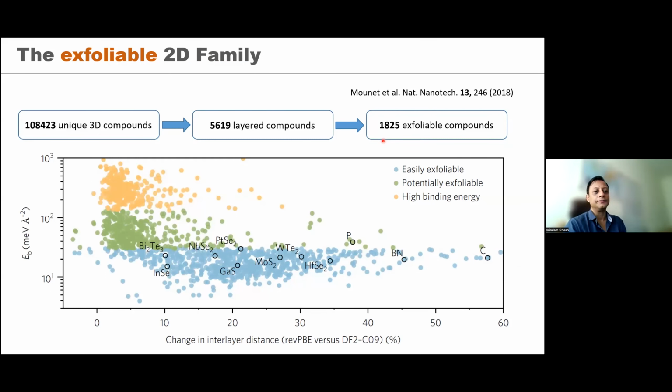But in principle, there are a large number of materials which can be separated from the mother solid, and then individual layers can be extracted. Typically, in the solids, the out-of-plane interaction energy scale is about 20 milli-electron volt per square angstrom or below.